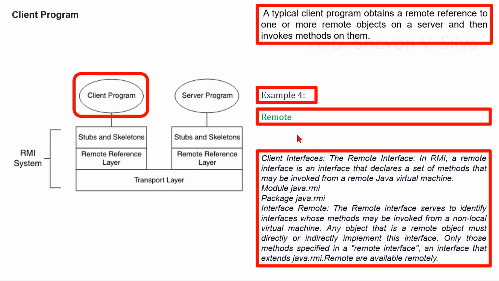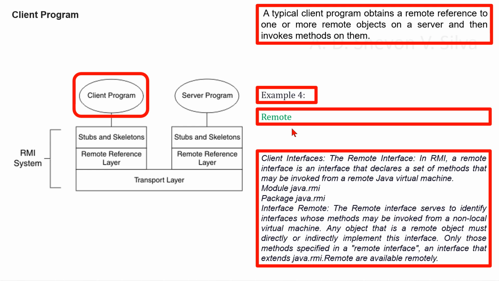Now we are considering the remote interface in the client interface. In RMI, a remote interface is an interface that declares a set of methods that may be invoked from a remote Java virtual machine. Interface Remote. The Remote interface serves to identify interfaces whose methods may be invoked from a non-local virtual machine.